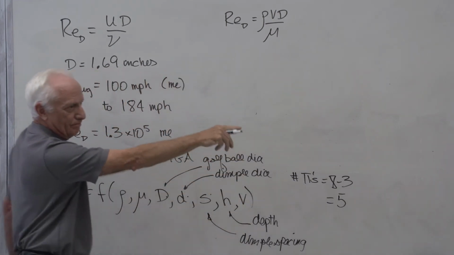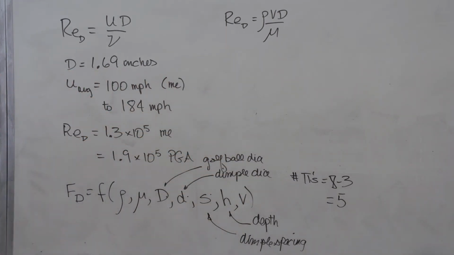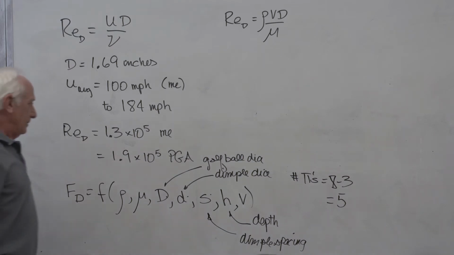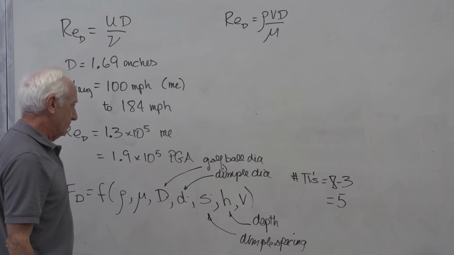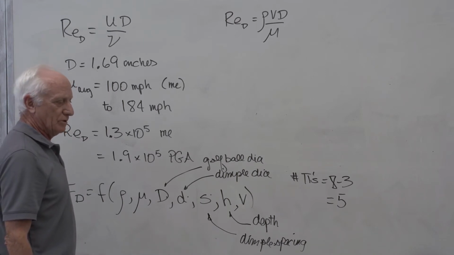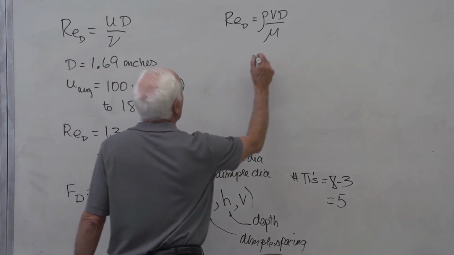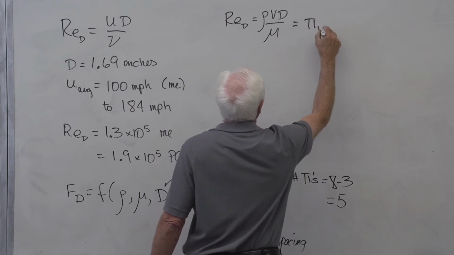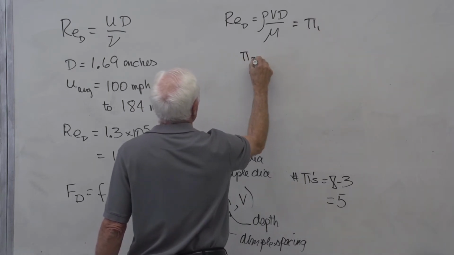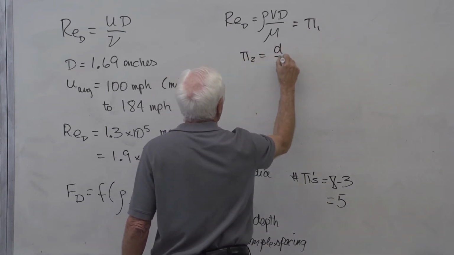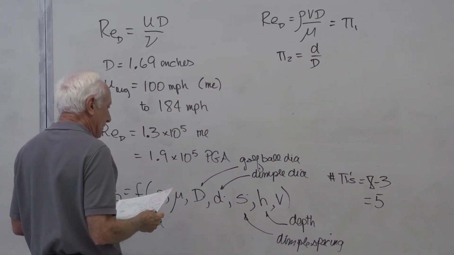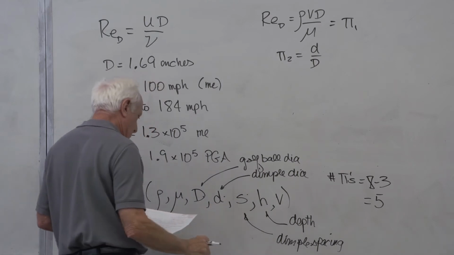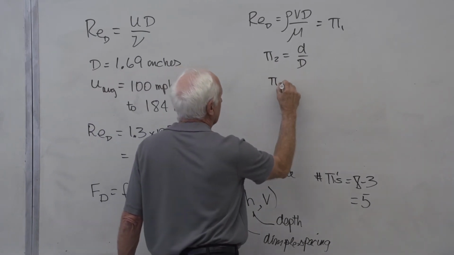I just showed you the picture over there. Of course it's a function of that. Capital D and little d have the same dimensions, inches or centimeters, whatever. So this is pi 1. Pi 2, little d over big D. I'm going to take little s over big D, pi 3.